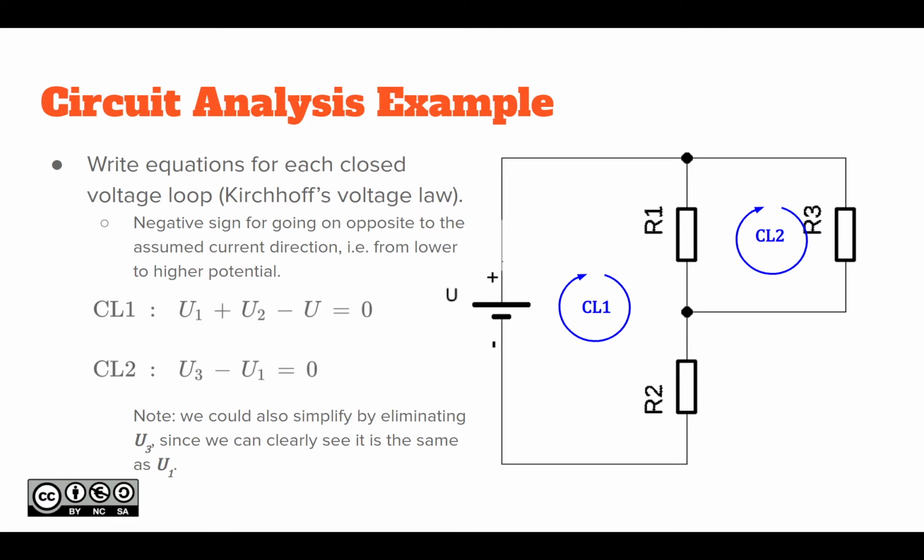So basically, when we know that we are going from lower to higher potential, then we mark it as negative voltage. But anyways, this first voltage loop or current loop 1, this one here, we have U1.